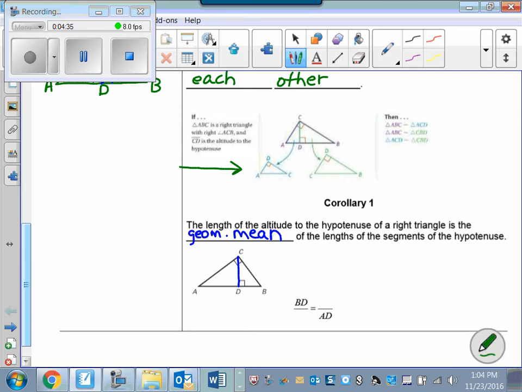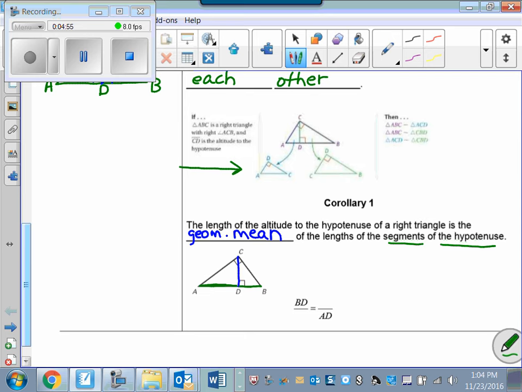Okay, what does this mean? The segments of the hypotenuse. I'm going to draw them in green. You see this altitude, the blue, that I dropped from the right angle to the hypotenuse, it divided that hypotenuse into 2 segments. I just highlighted them in green.